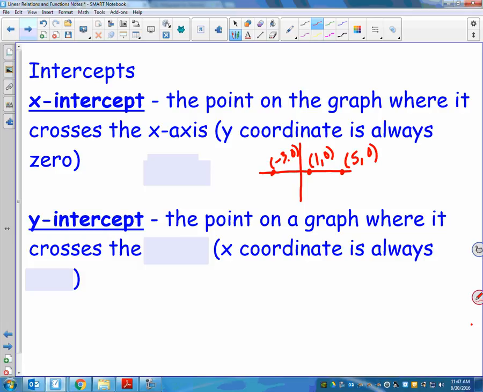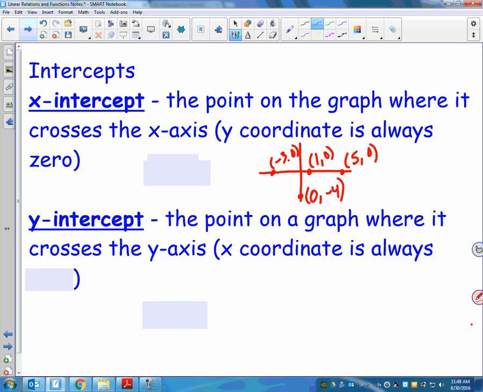The y-intercept gets way more fame in algebra because of slope-intercept form, where we graph the y-intercept. But the y-intercept is just where your graph crosses the y-axis. And if you think about the y-axis here, every point on the y-axis has an x-coordinate of 0, right?